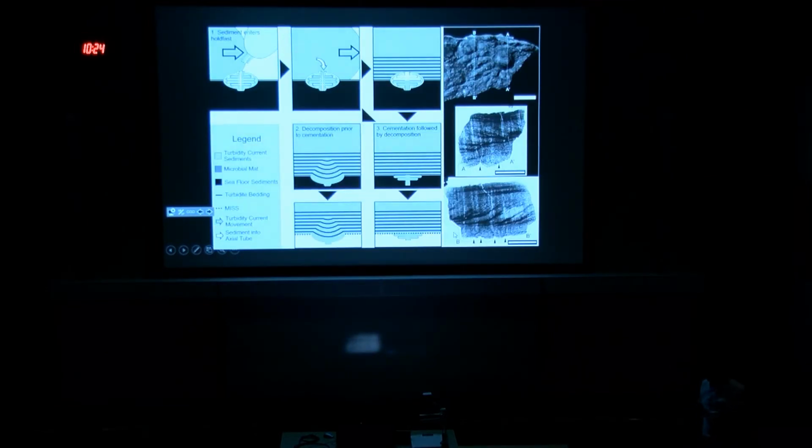Eoporpita itself, though, is much more difficult if our model is accurate, because it requires several different steps, all of which must occur for the preservation to occur. First, the stem has to be severed, exposing the internal structures. Sediment then enters into these lobes.